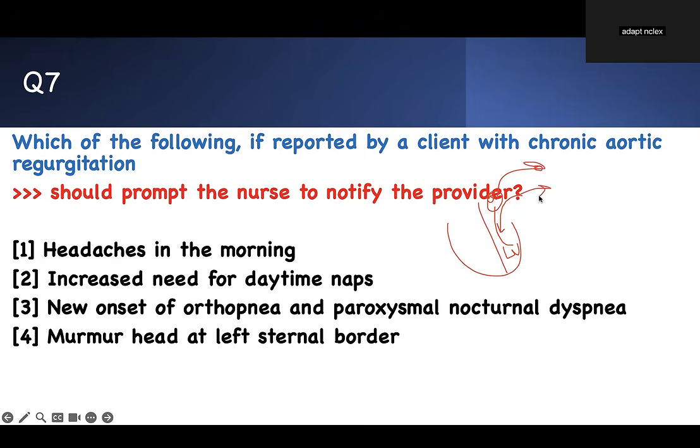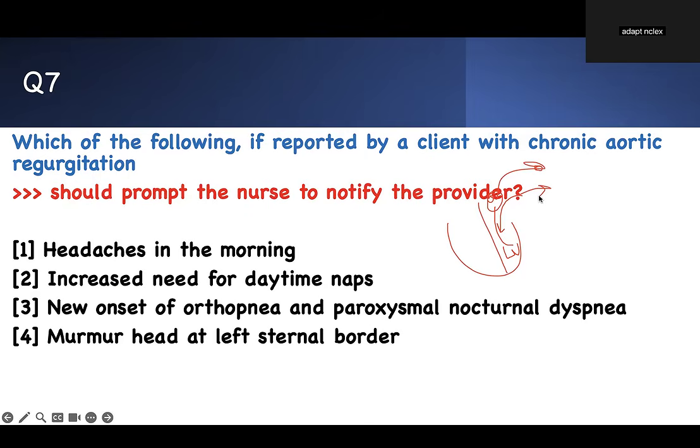But increased need for daytime naps may be related, right? This is all fluid overload, right? A new onset of orthopnea and paroxysmal nocturnal dyspnea sounds weird. That means when you lay flat, you start having shortness of breath at night, right? You can't lay flat, so you need a bunch of pillows.